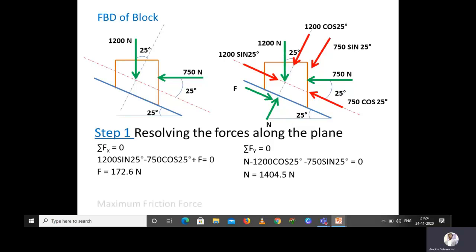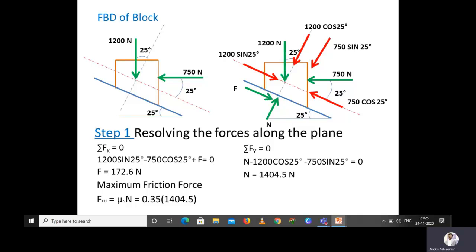Once we have the frictional force 172.6 Newton and the normal reaction 1404.5 Newton, we can calculate the maximum friction force using the formula Fm is equal to mu s into N. Here Fm is the limiting friction, mu s is the coefficient of static friction, and N is the normal reaction. We know mu s is 0.35 and the normal reaction is 1404.5.